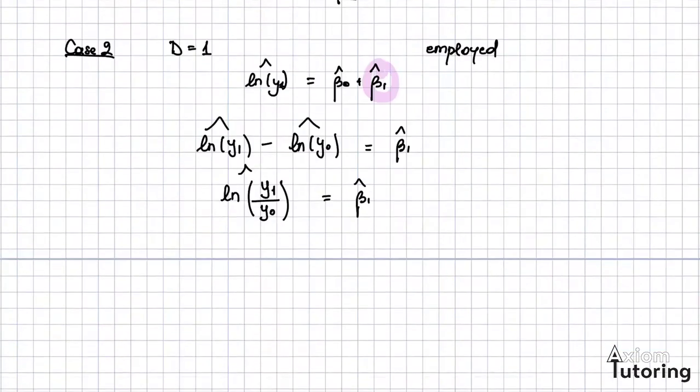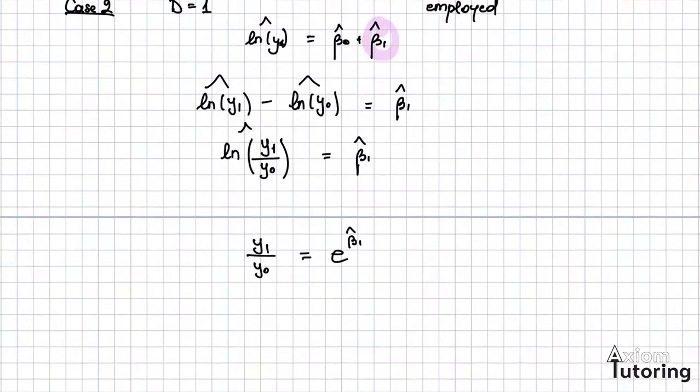If I keep working this out, it means that the ratio y1 over y0 is actually e to the power beta 1 hat, which overall would give us that y1 is equal to simply e to the power beta 1 hat times y0.